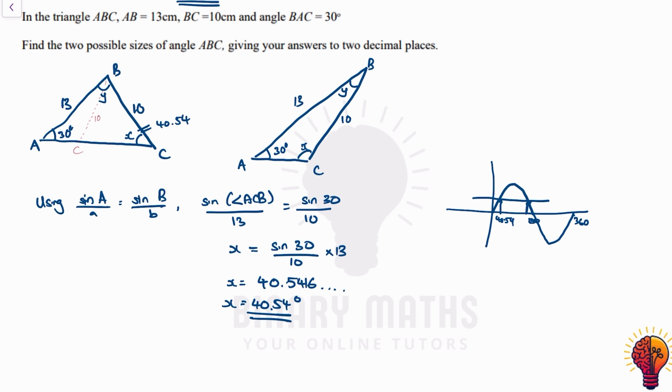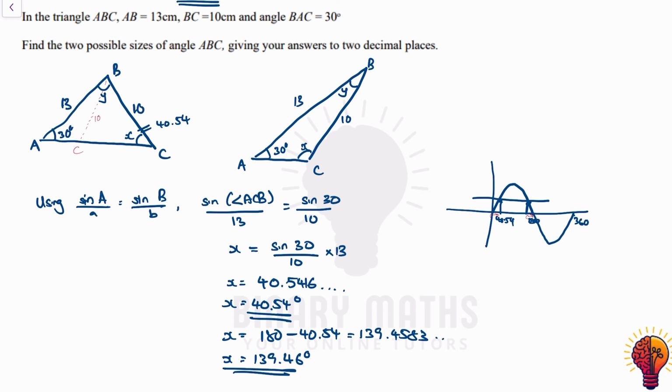Because this is 40.54, that part must also be 40.54. So the second solution must be 180 take away 40.54, which is 139.4583, which means X must be equal to 139.46 degrees.